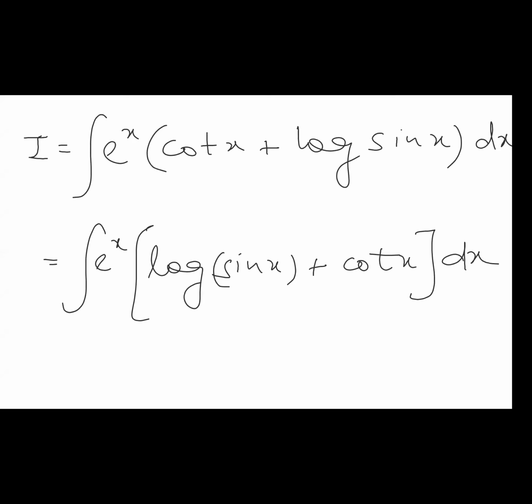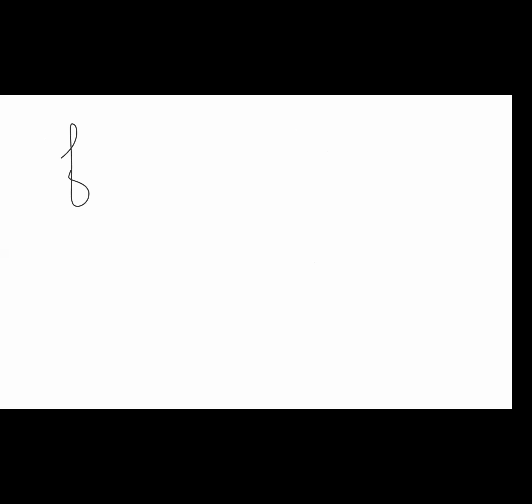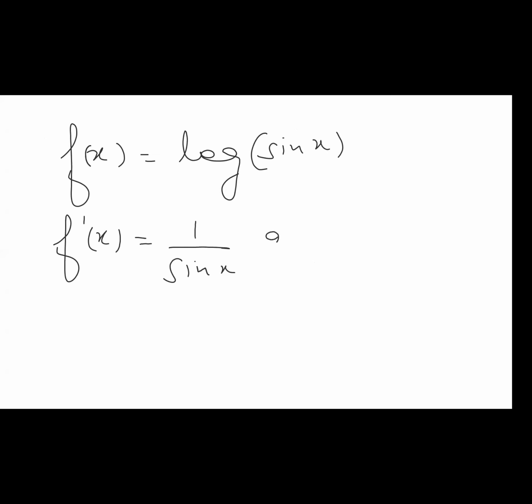So my question to you was, what is the derivative of log sin x? If f of x is equal to log sin x, the derivative of log sin x will be 1 upon sin x into d/dx of sin x.